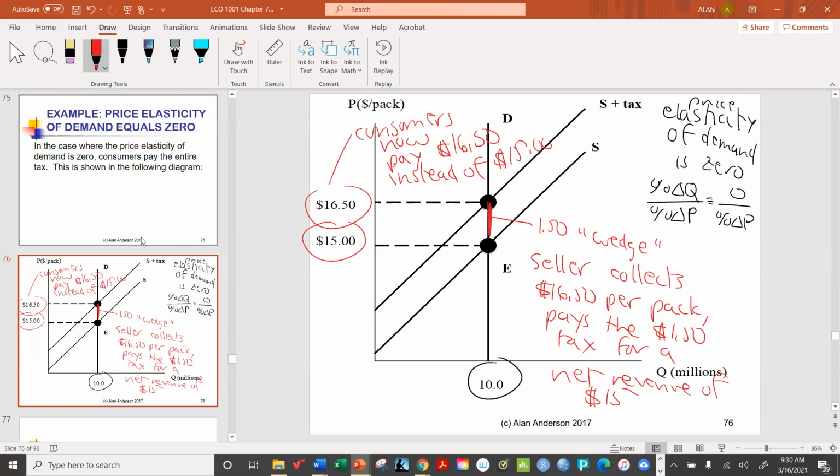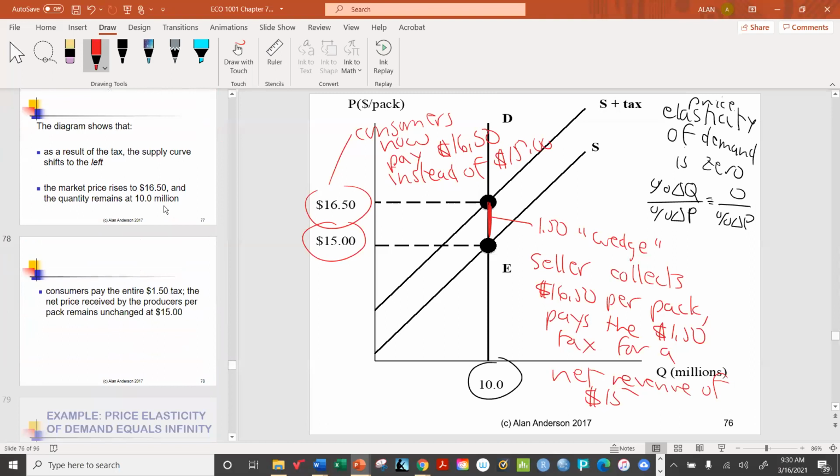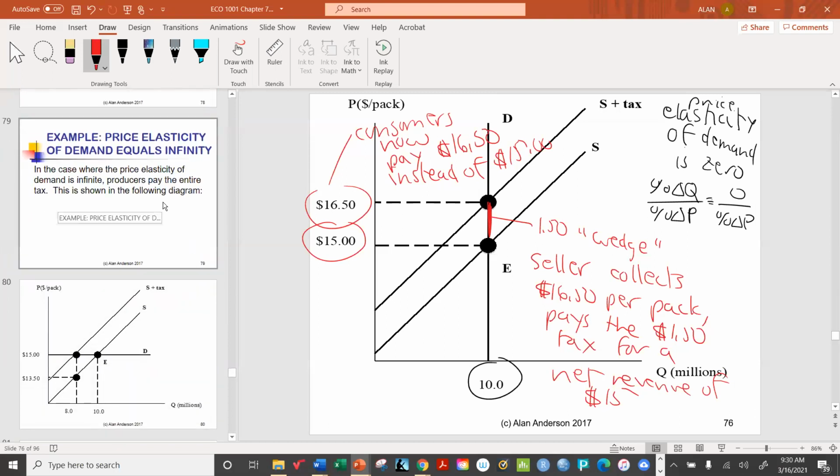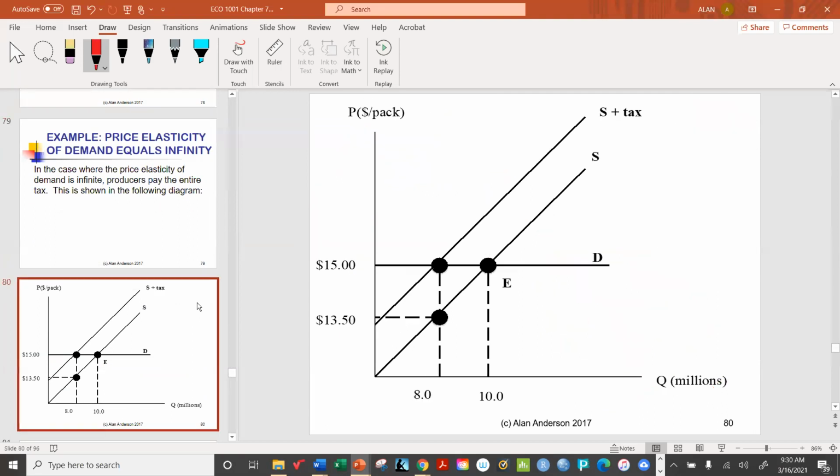All right, now, what about if it's the other way around? What if the demand is perfectly elastic, meaning it's infinite? Then we're going to have a horizontal demand curve. And you might recall from our discussion that a horizontal demand curve, let's look at it now.